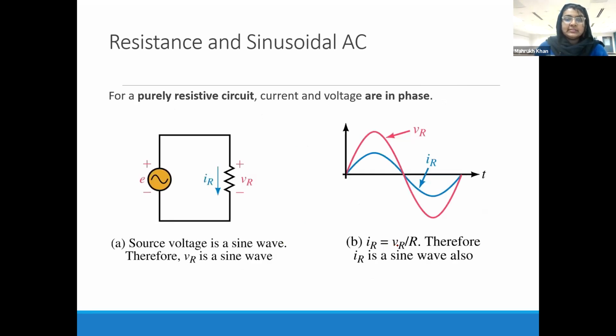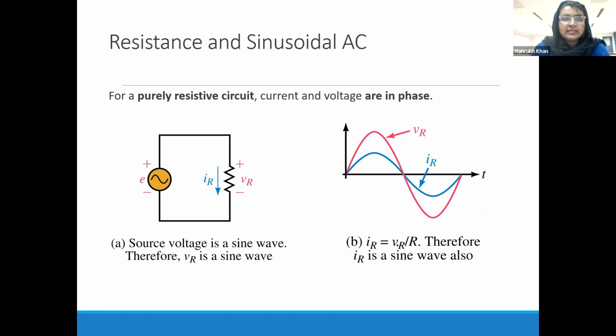So this is the AC voltage that you have connected with the resistor. You can see that resistor current and voltage are the same. You can just find out the current by E by R, and that will give you the current.